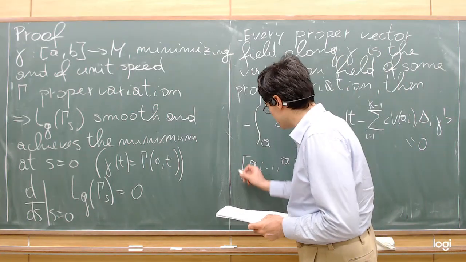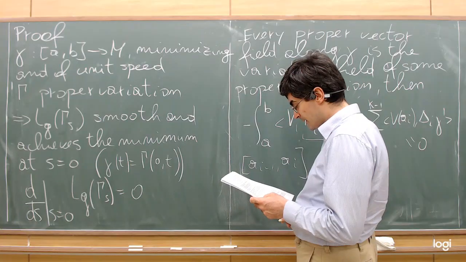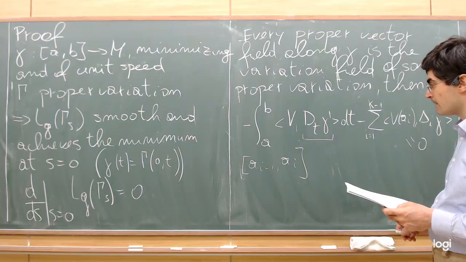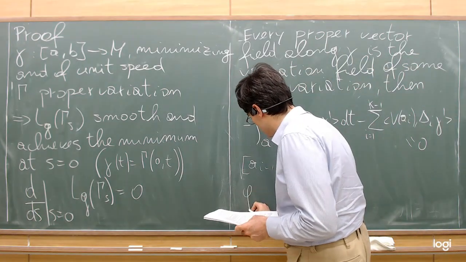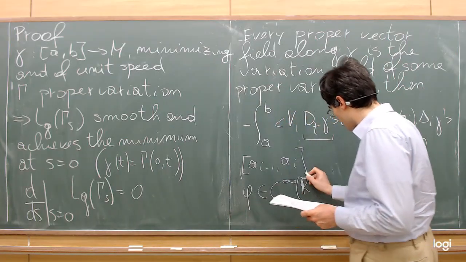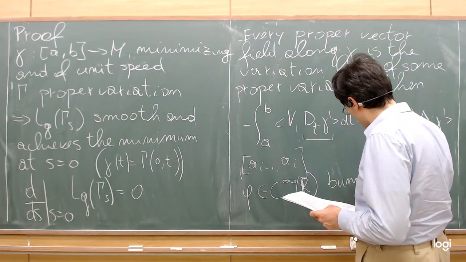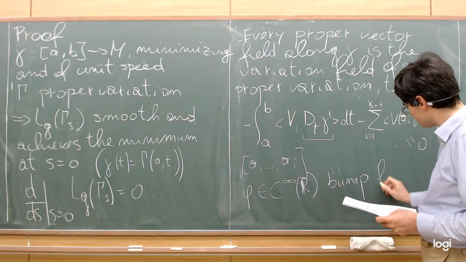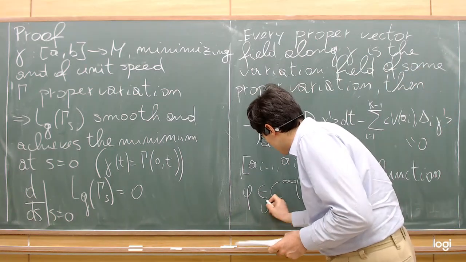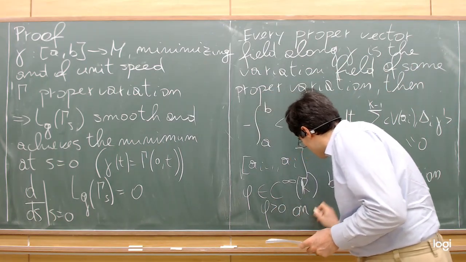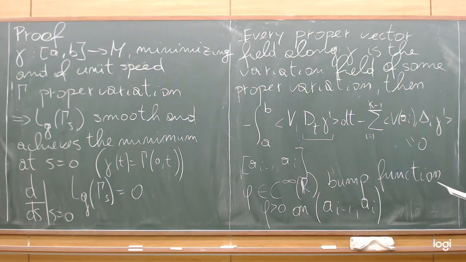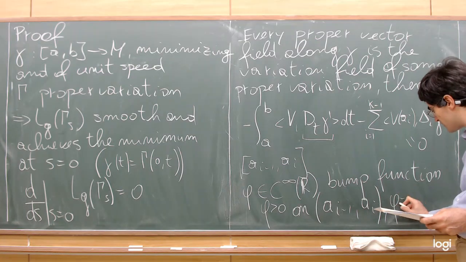So on this interval we define a bump function phi so that phi is positive on the interior and it is 0 elsewhere.